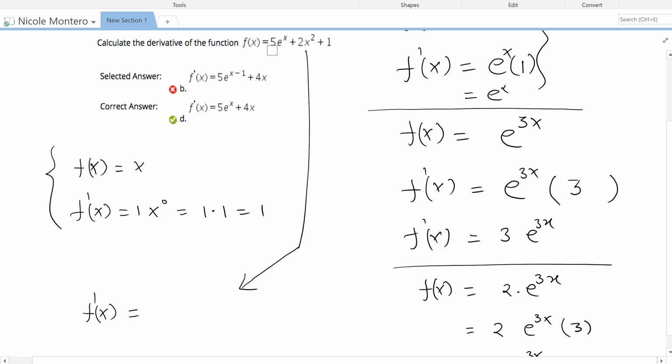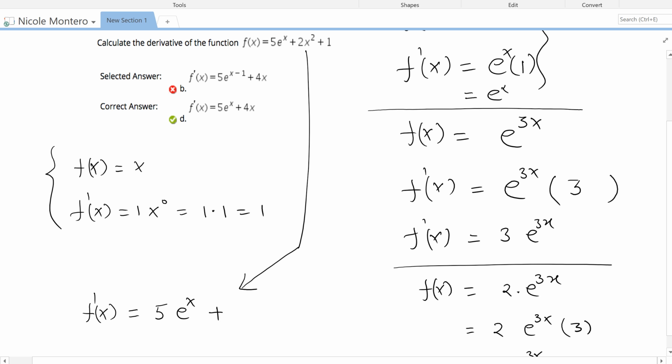With the same logic, we have 5, so you write 5 as it is, and derivative of e^x is going to be e^x, and the derivative of power is 1, so you can write 1 if you want, but that 1 is not going to change anything, so I don't write anything. So 1 times anything, the number is going to stay as it is, so we don't have to write it.